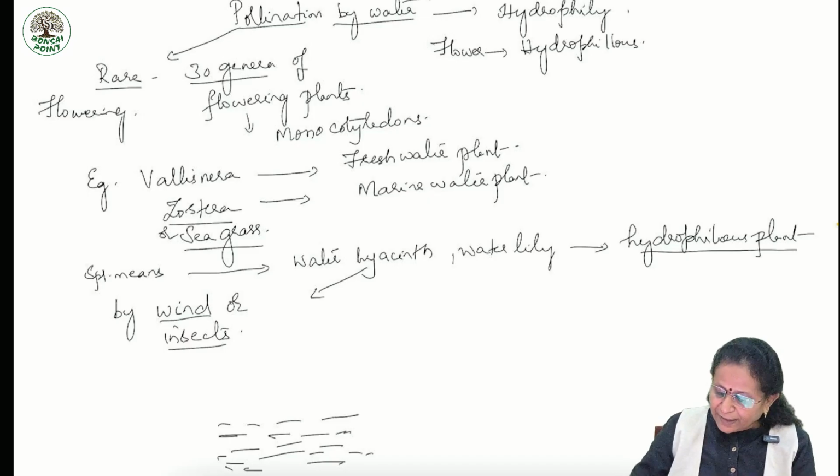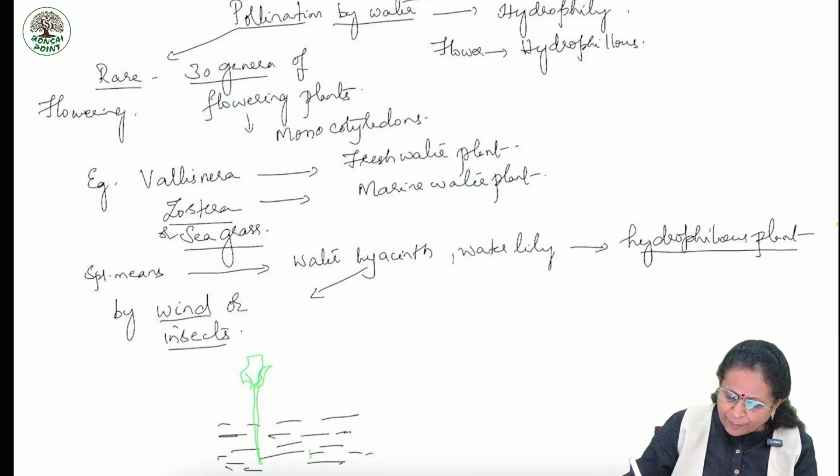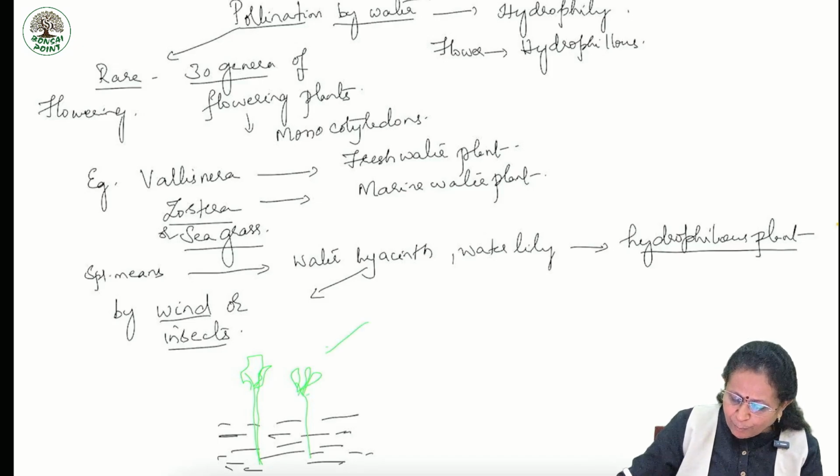The plants, that is water hyacinth and water lily, will emerge above the surface of water level. Thereby, pollination occurs by wind or insects.